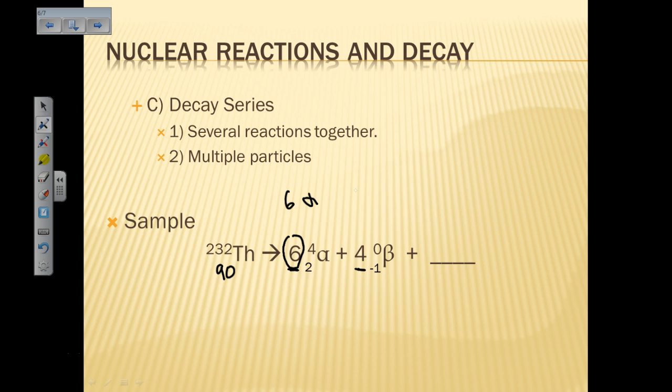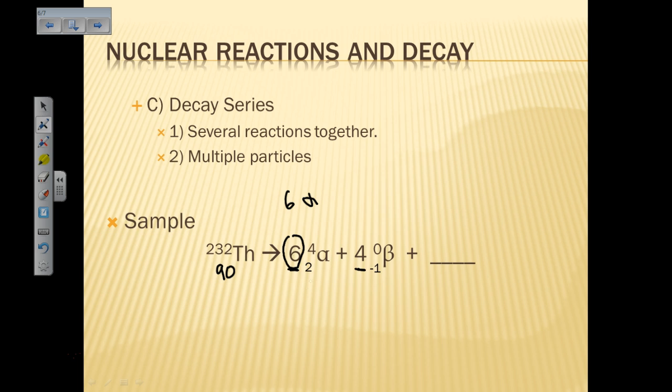Now, the rules that we know about balancing chemical reactions still hold true. We want to make sure that the mass numbers add up and the atomic numbers add up.